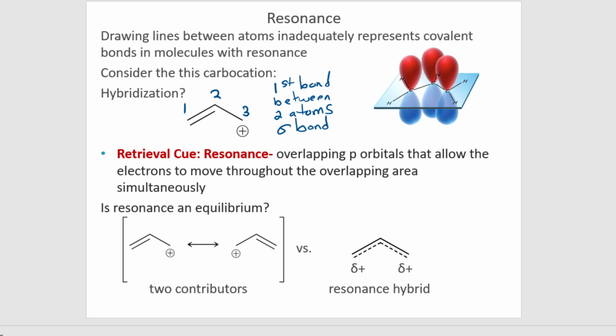So the bond between 2 and 3 is a sigma bond, and the bond between 1 and 2 is a sigma bond, and that extra bond that makes the double bond must be a pi bond. Now, I'm not going to use the orbitals to show the overlapping sigma bonds, but I'd like to hone in on the pi bond between carbons 1 and 2.